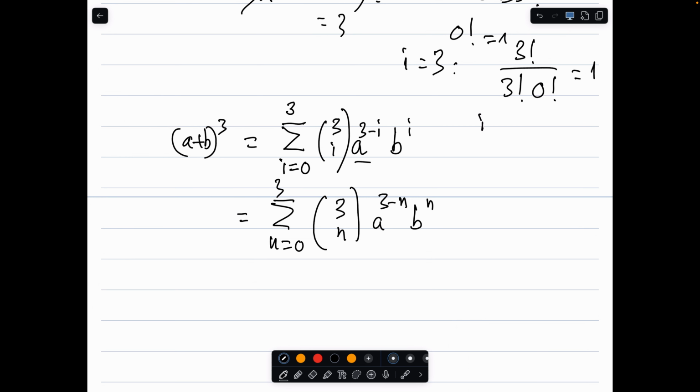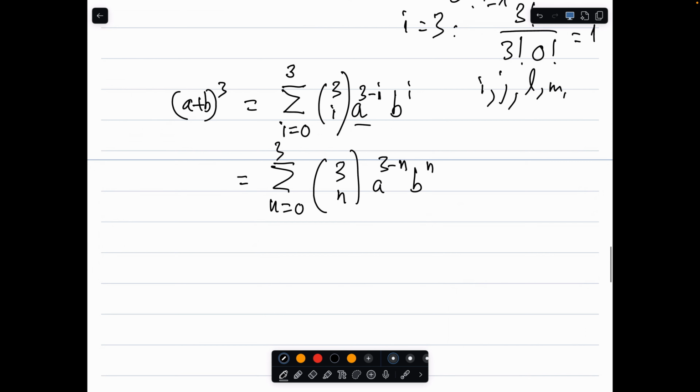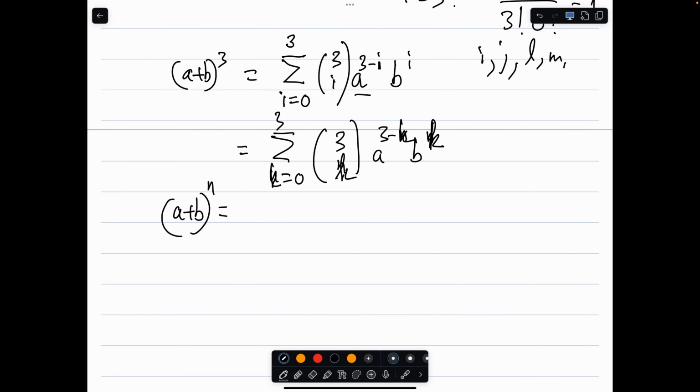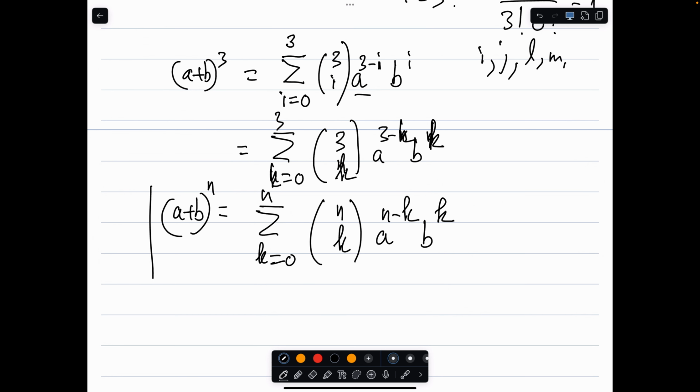You can use i, j, l, m, n, k, whatever for this index variable. Maybe we should use k. K is better. Why is k the best? Because we want to generalize this to (a+b)^n. Generalizing is very easy. You just replace 3 by n. The sum over k of C(n,k) a^(n-k) b^k.